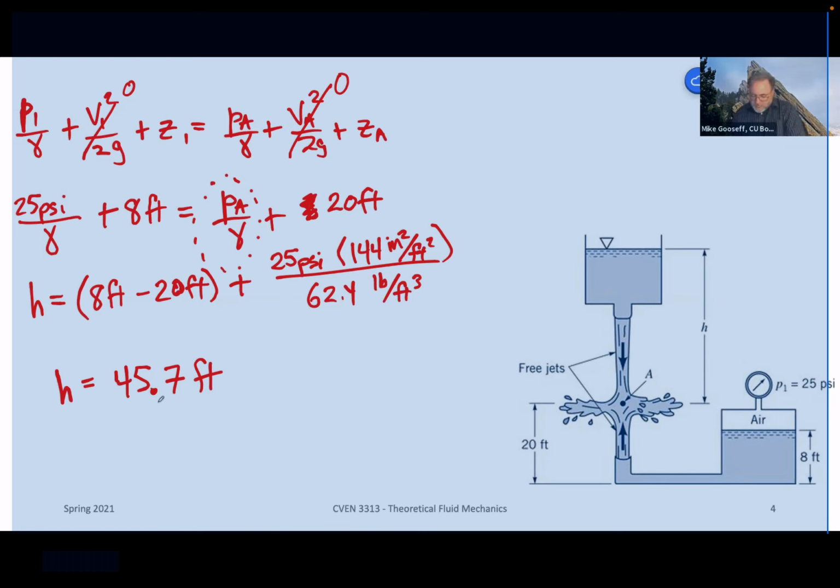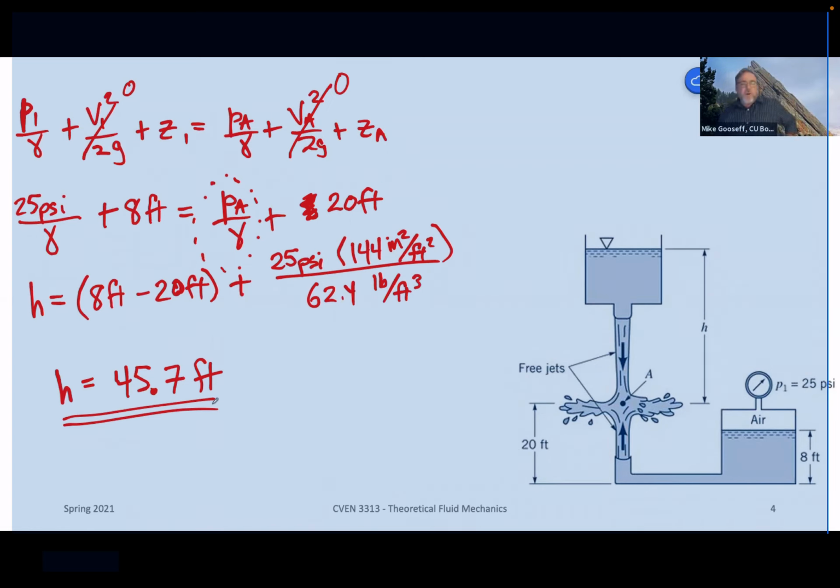And it looks like we've got a bunch of single sig fig values in there, or at least one, 8 feet. So that's probably going to end up being 50. But in any event, if you do this math, you should come up with 45.7. And then when you account for sig figs, you would get the 50. Okay, does that make sense to everyone?